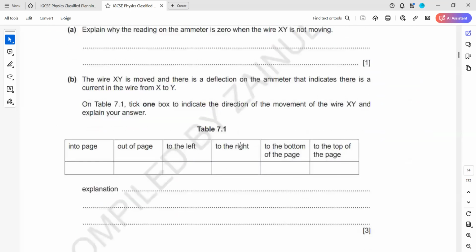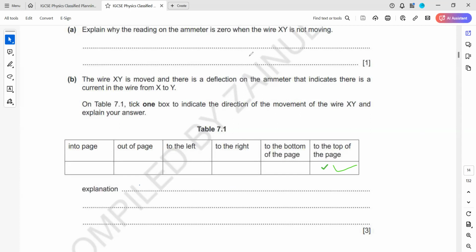Place one tick which indicates the movement of XY, which direction XY has moved. To the top of the page. And for the explanation, first, the wire is perpendicular to the magnetic field and there's a change in magnetic field which produces a current, and using the right hand rule we worked this out.